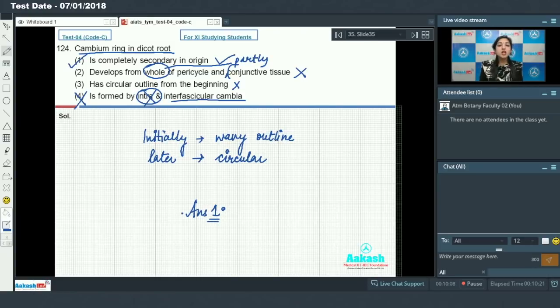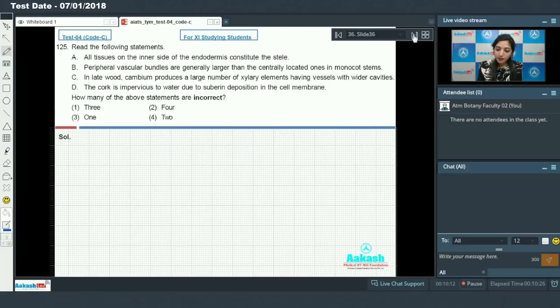Okay. Moving on to the next question, that is question number 125. Question number 125 is concerned with certain statements, and you have to identify how many of these statements are incorrect. Read the following statements. Statement A is, all tissues of the inner side of the endodermis constitute the stele.